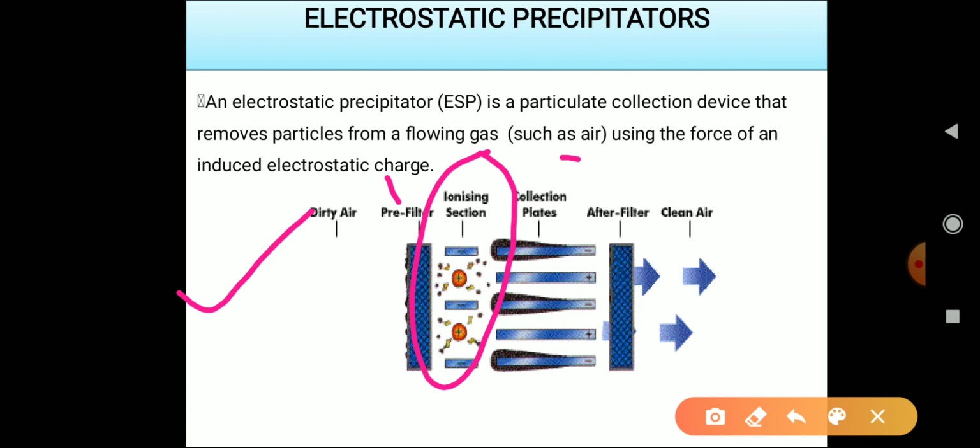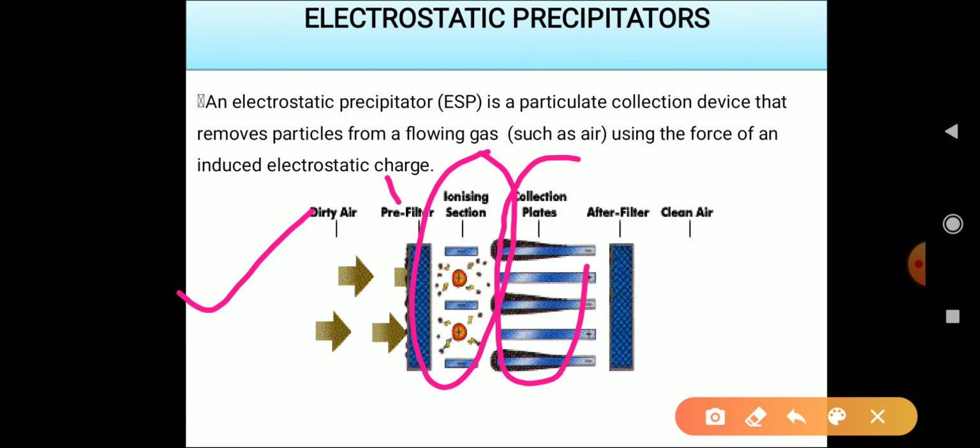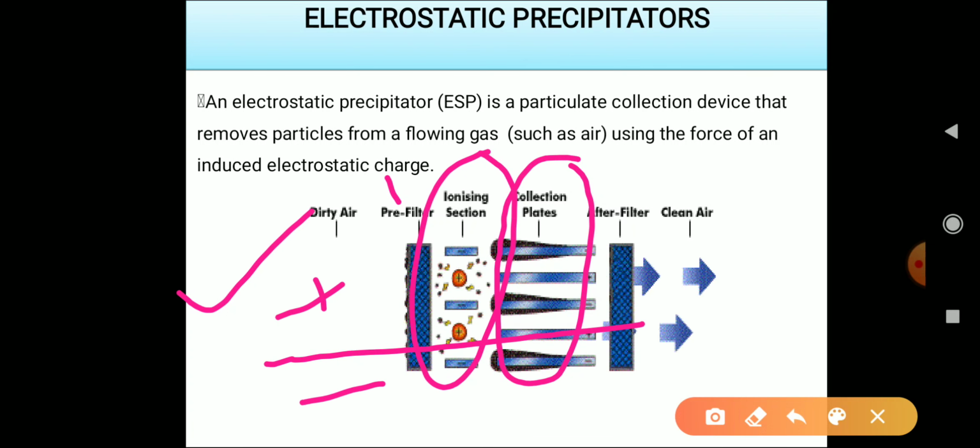These are your collecting plates. Let's suppose these collecting plates are given minus charges, and the burned flue gases have plus charges.